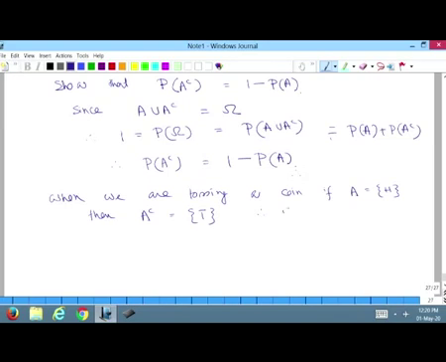Therefore, if probability of head is equal to P, then probability of tail is equal to 1 minus P.